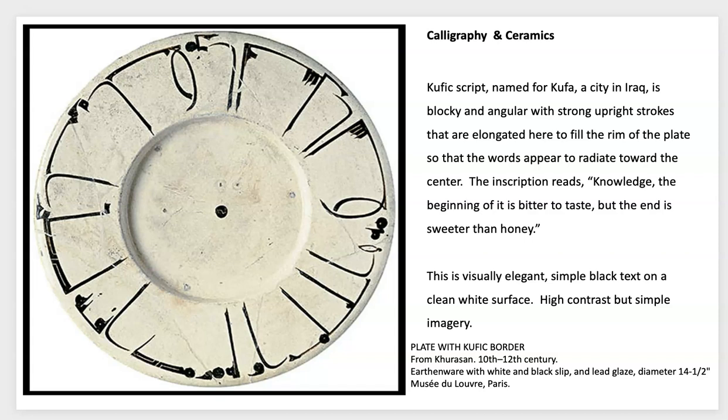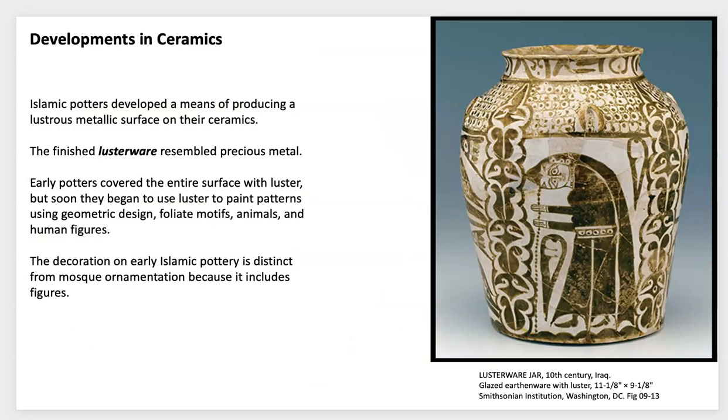So again, it indicates that there was this process of trying to help people to realize that following the religious path wasn't always easy in the beginning, but in the long run, it was very fruitful. And so you see that in a lot of the artifacts that have been left behind.